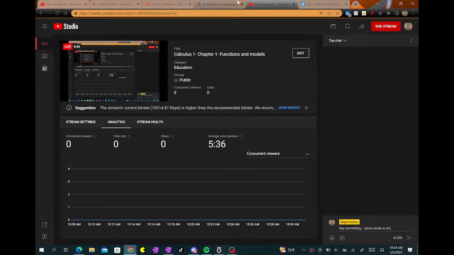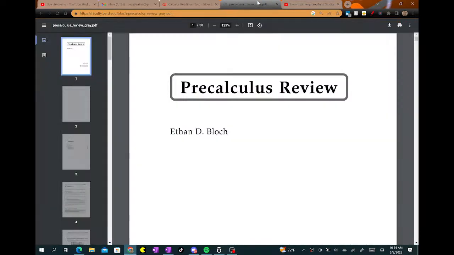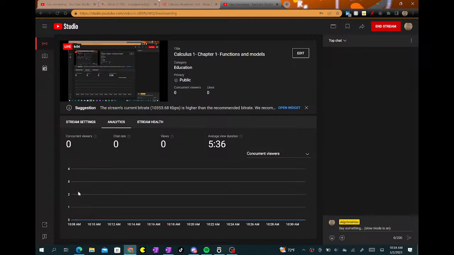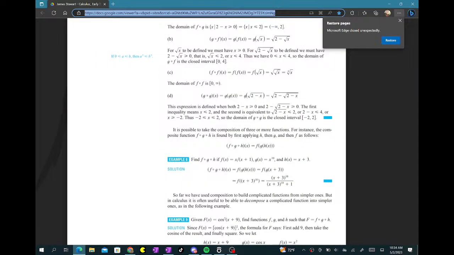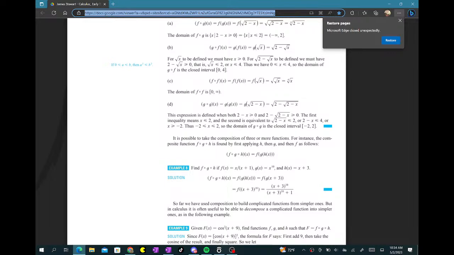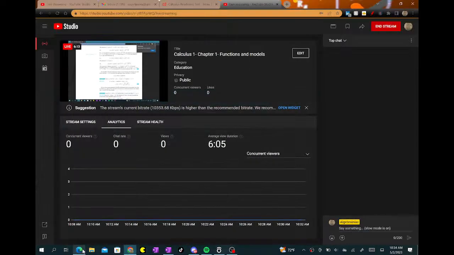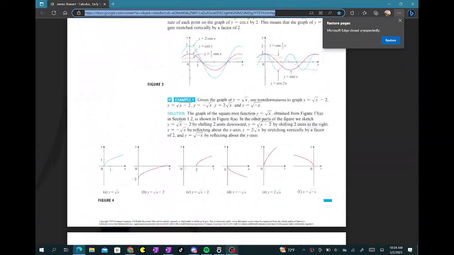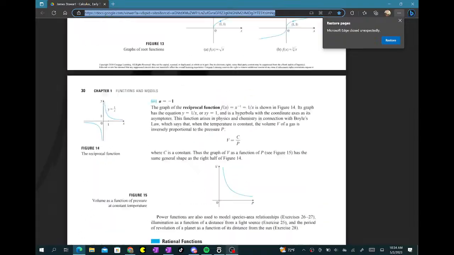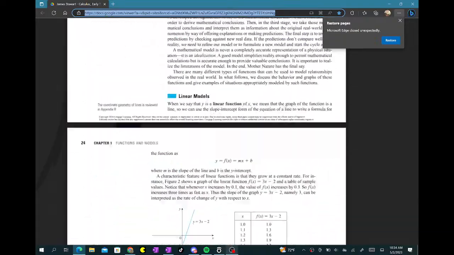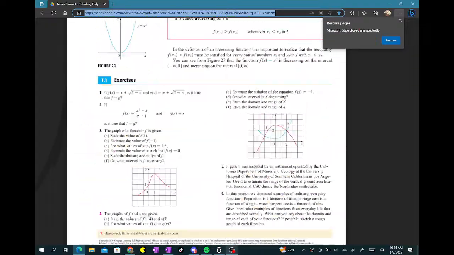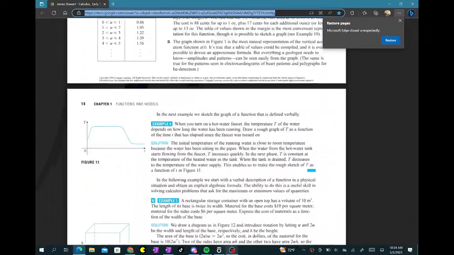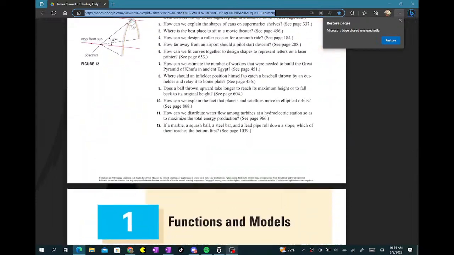Alright, so I'm gonna go ahead and just go over here and we're gonna look at some review for calculus, or from pre-calculus, and we're gonna look at this chapter here that is chapter 1, but it's basically kind of review about functions, all that good stuff.